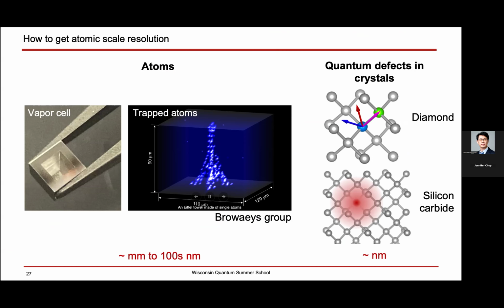If you just remove an atom, that's a vacancy. What I'm showing here is a diamond crystal with a periodic arrangement of carbon. If you then plug in an atom and substitute it with another atom, that's called a substitutional defect.